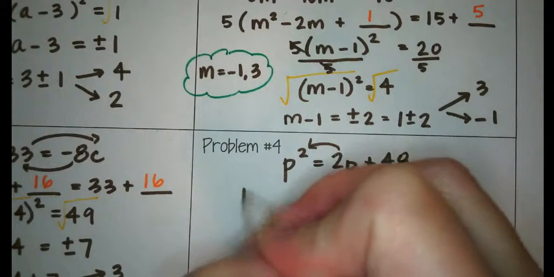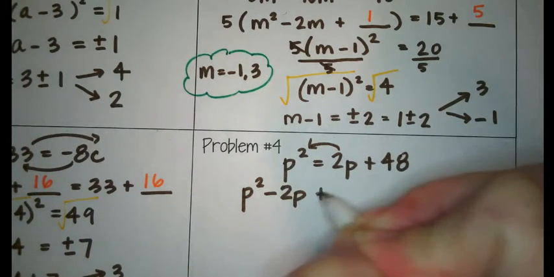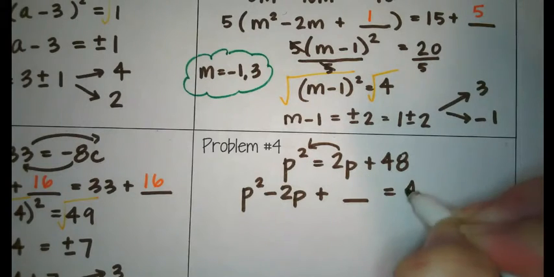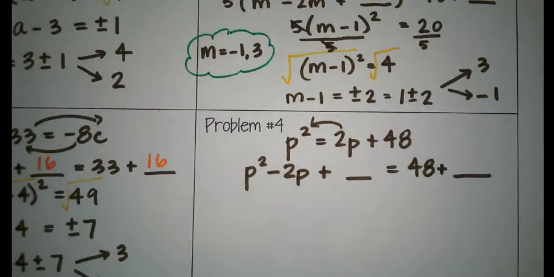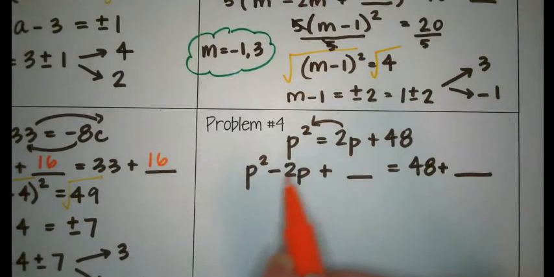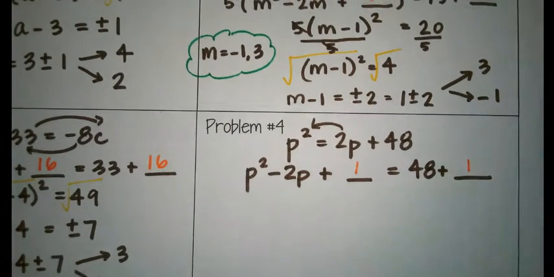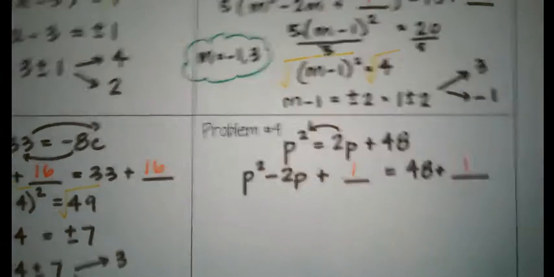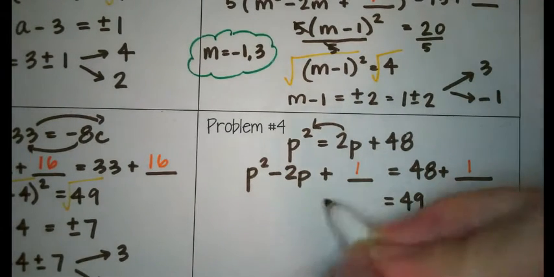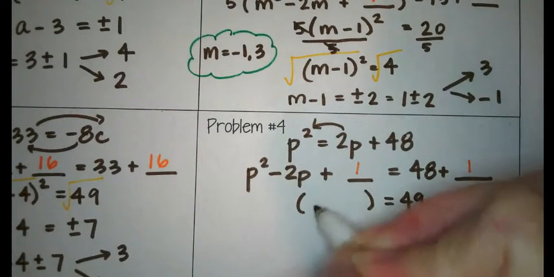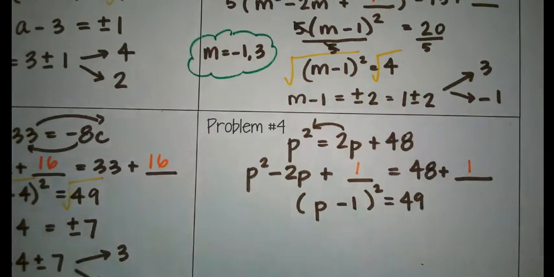So if I do that, I will have p squared minus 2p plus blank equals 48 plus blank. All right, so now half of this is negative 1, squared is 1. So I'm going to add 1 to both sides. On the right side, we get 49. On the left, this would factor down to be p minus 1 squared.